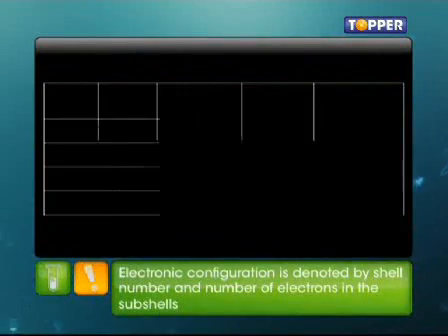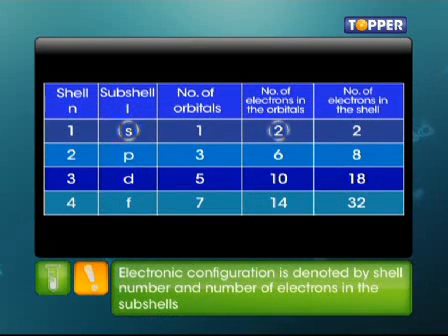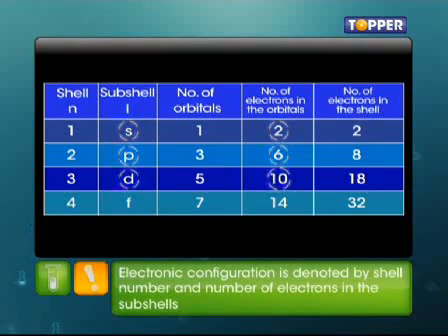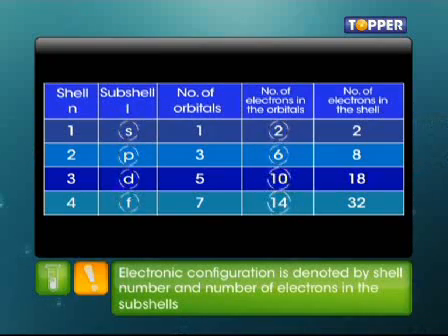This distribution is called electronic configuration. Now let's look at a table which will help you recollect the number of electrons in each shell and subshell. Each s orbital has 2 electrons, p orbital has 6 electrons, d orbital has 10, and f orbital has 14 electrons.